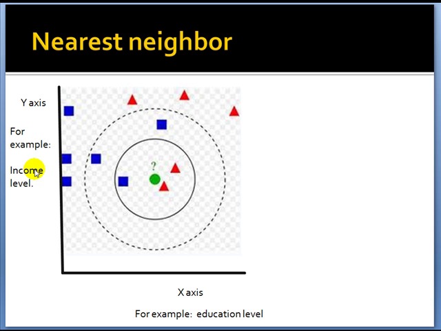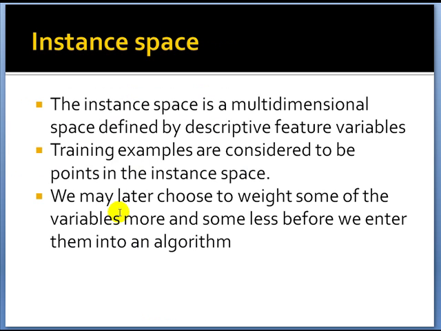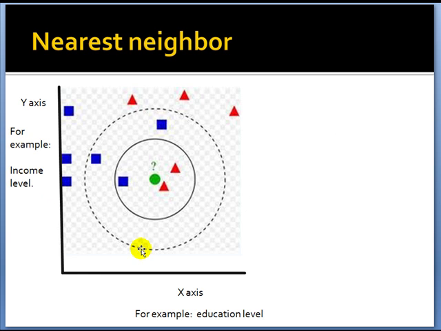That's what I meant when I said we may choose to weight some of the variables more and some less before we enter them into an algorithm. So that's one reason why we might do that. Okay, so this is the idea of the nearest neighbor.